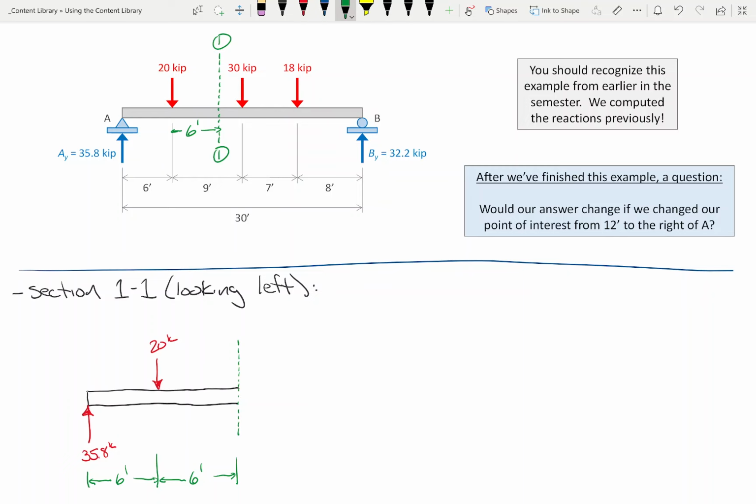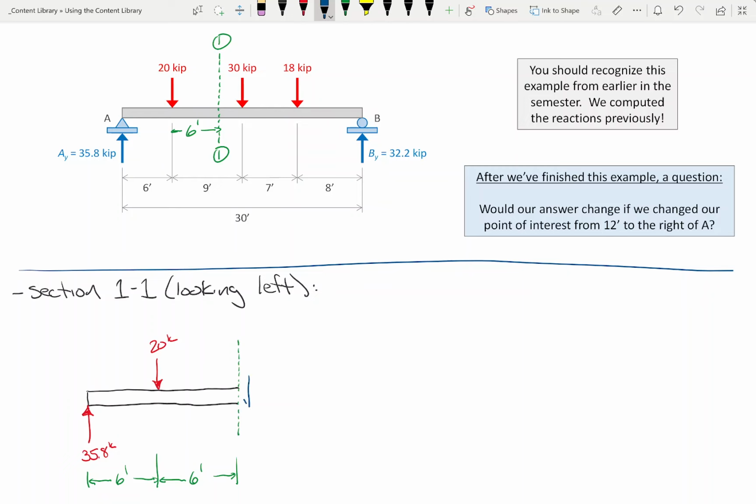Now, remember, when I cut a section, I'm interested in determining the internal response. Let's see if everybody remembers. If I were to indicate positive shear, what direction is positive shear? Down. Not if we're cutting looking to the left. If we cut and look to the left, it's down.